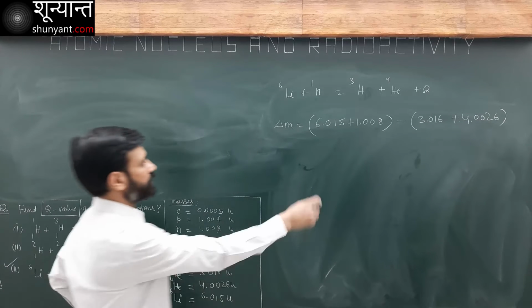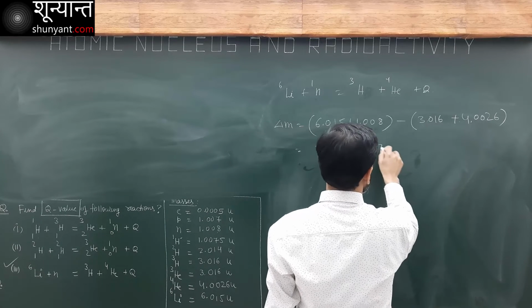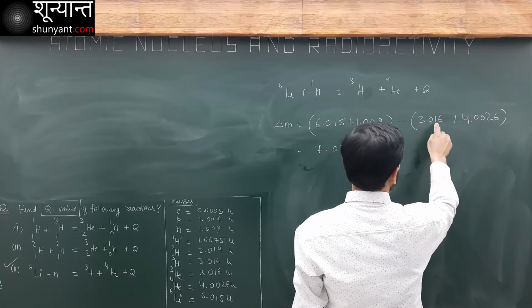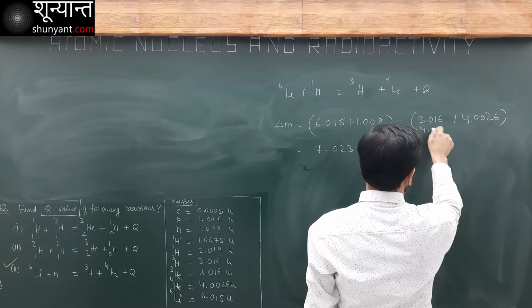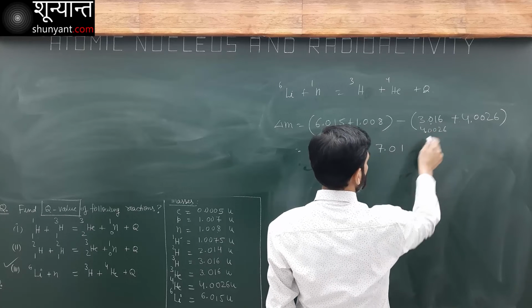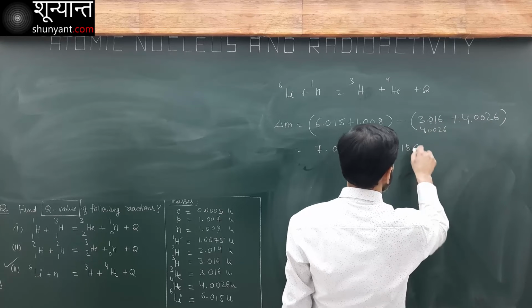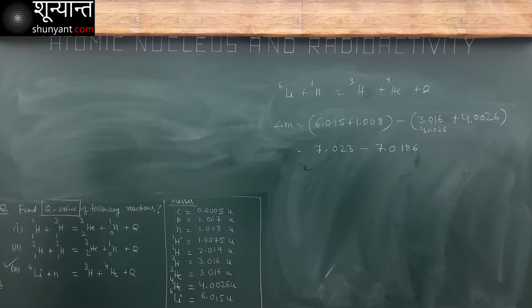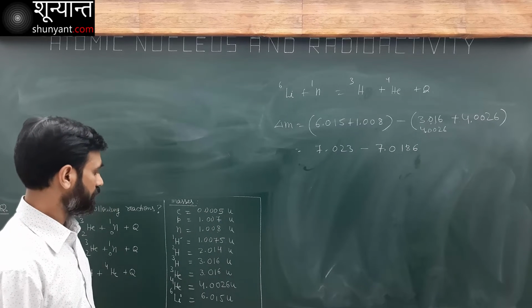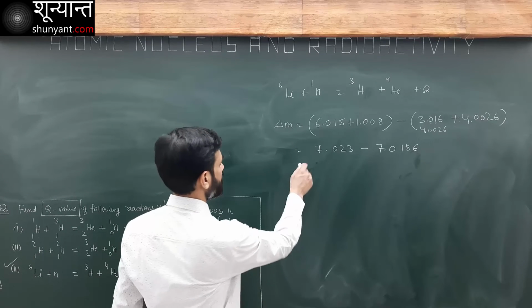Now we have this answer. So 7.023 minus 7.001, that is about 0.0102. This is positive.